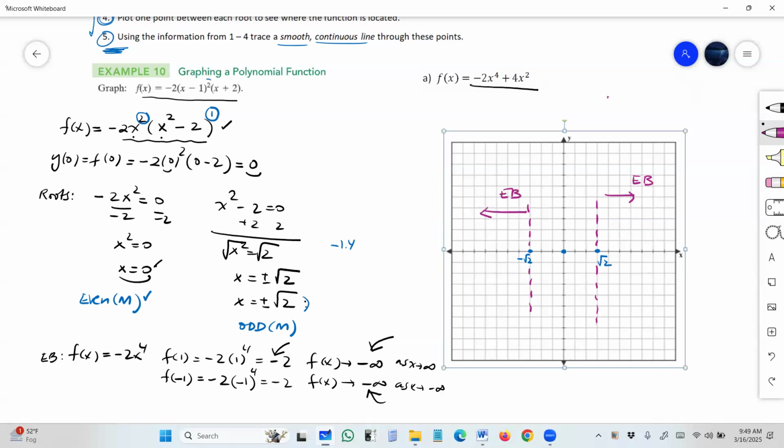This is where I don't need to pick any points. In both cases, the polynomial is going to go down. After the negative square root of 2 root, the polynomial is going this way, and the same goes for the positive.